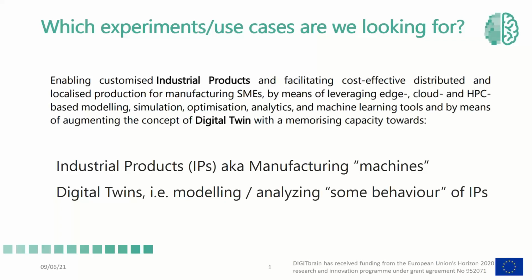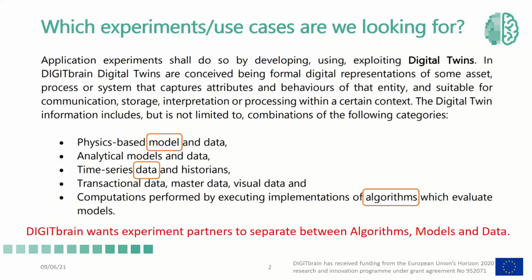And the second main thing about DigitBrain is that we are focusing on digital twin technology. So the experiment that you are suggesting should aim at modeling and analyzing some behavior, of different kinds, mechanical behavior based on physics models or data-driven behavior modeled by machine learning approaches. Those are the core things that shall constitute your experiment.